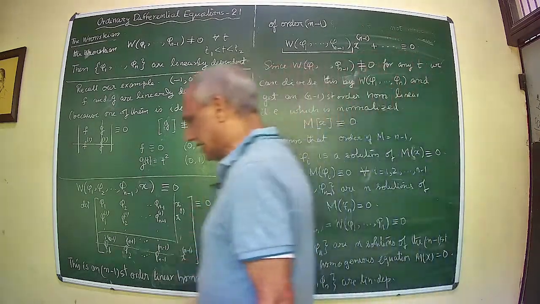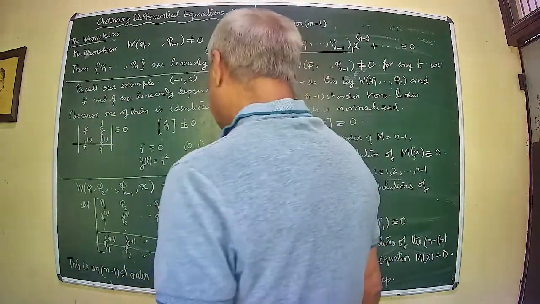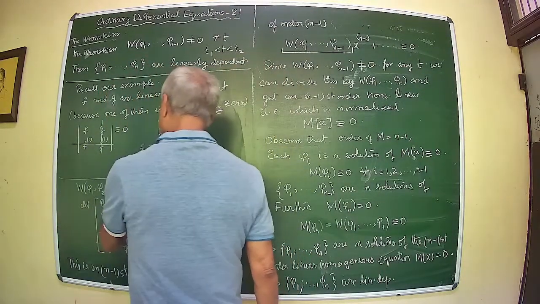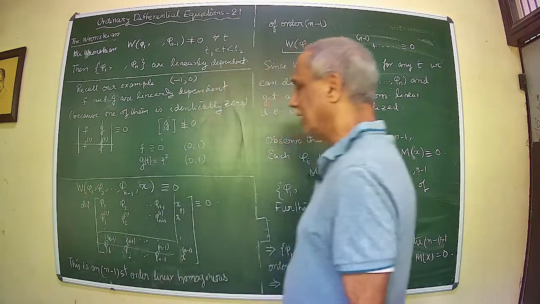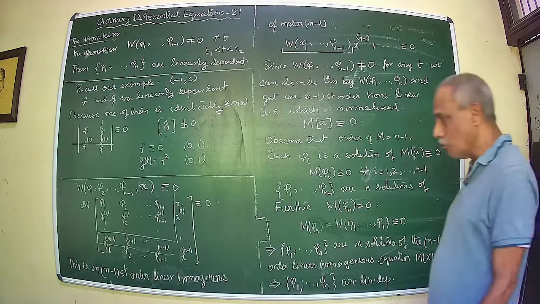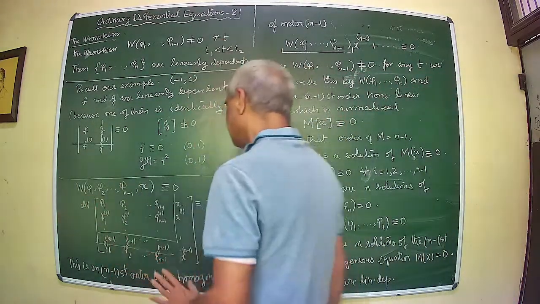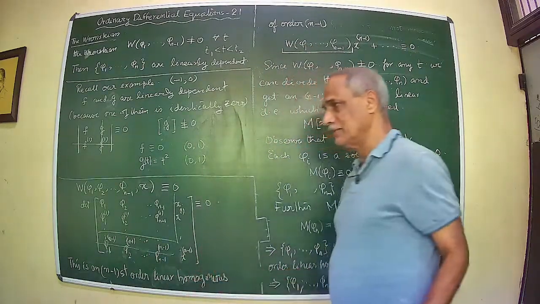Essentially the technique is that you take the Wronskian of phi 1, phi 2, up to phi n minus 1, x and identify this as a linear homogeneous differential equation whose solutions are all the phi i's from 1 to n minus 1 and also phi n.